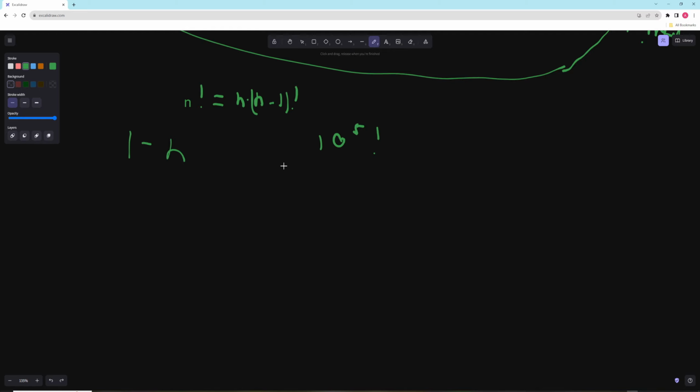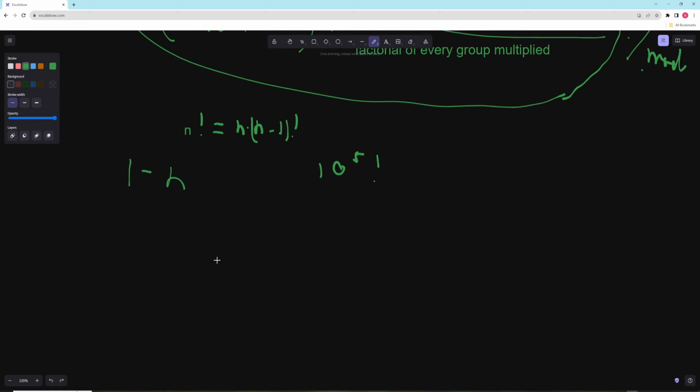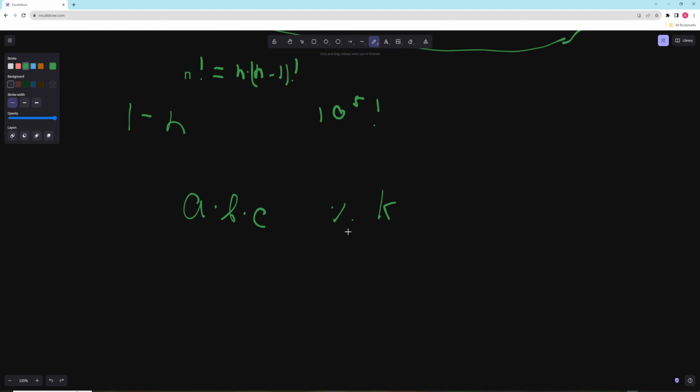since we need to mod the entire result by k, what we can actually do is, let's say you're trying to do a times b times c mod k. With modular arithmetic, you can mod each of these numbers, whatever you want, by k first.